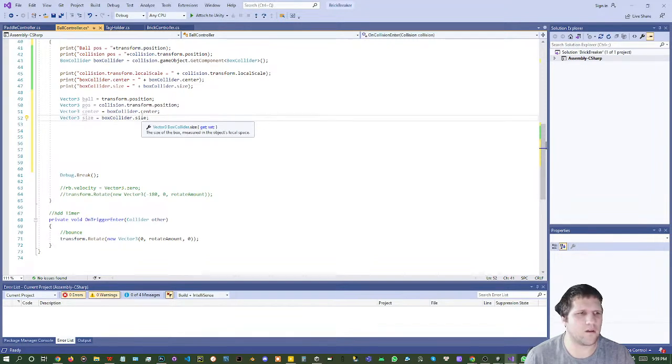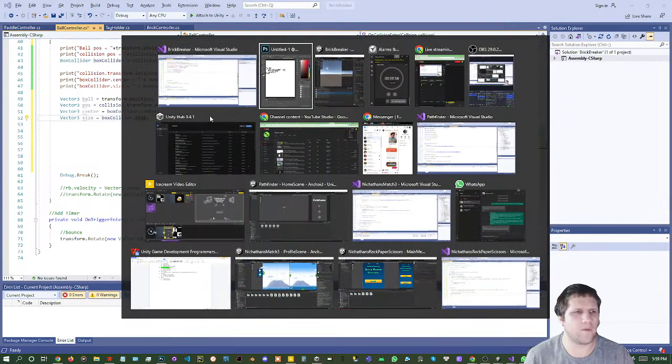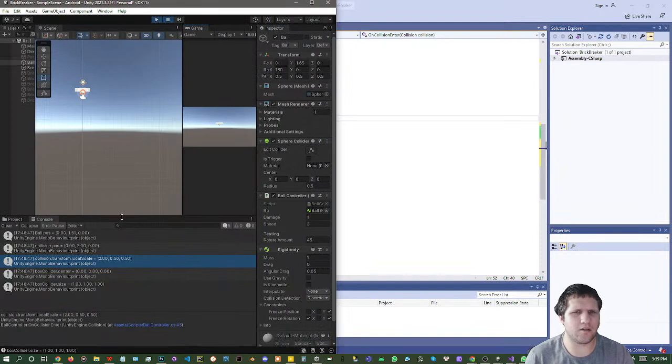The size and the box collider size is 1, 1, 1.